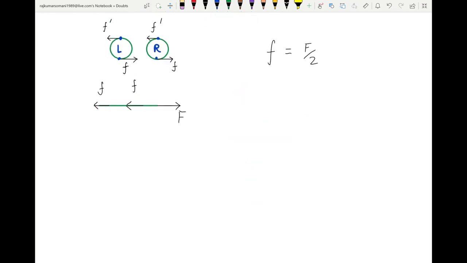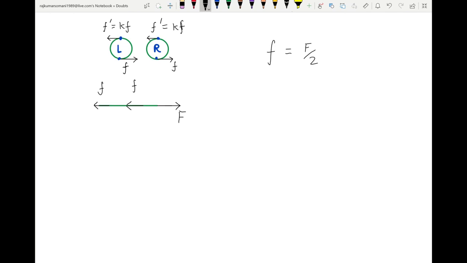Now we have removed the subscripts L and R, so let's find the relationship between f and f dash. For now, let us assume that f dash is related to f as f dash equals k times f.